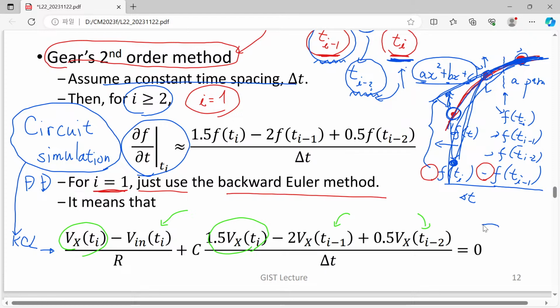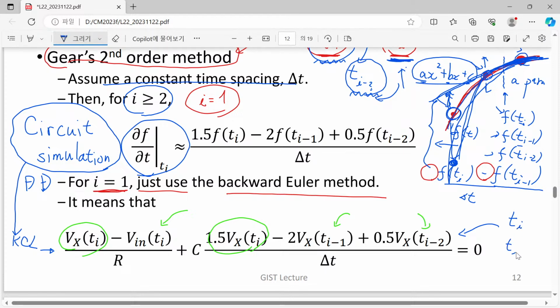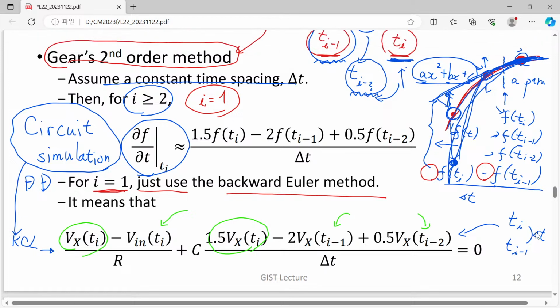Especially the main trick is controlling the time instances. Up to now, I just considered constant time differences, but in circuit simulation, controlling delta t to minimize the error while not significantly increasing the computational burden is the real trick. That is an art, and there have been tons of efforts to achieve that goal.